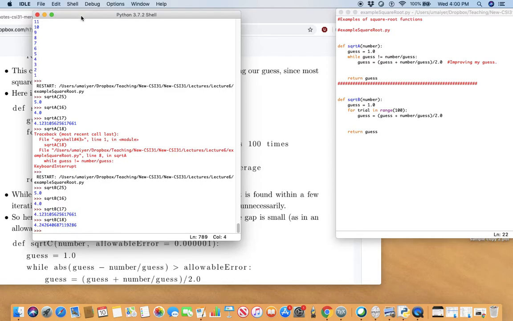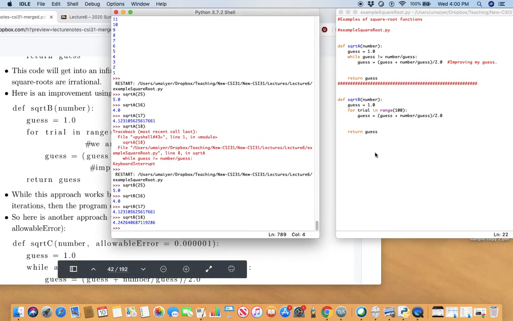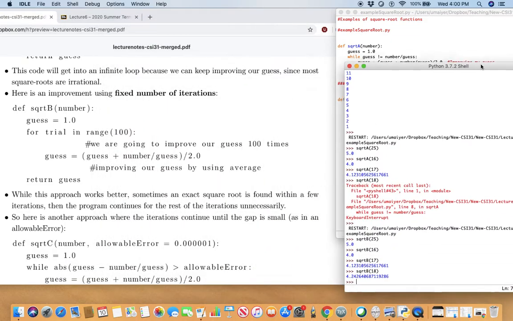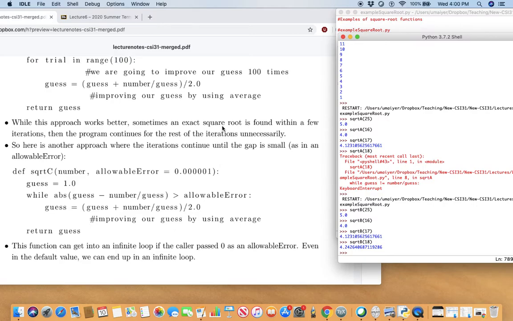Now think as a programmer, what could be a problem with this one? Well, the problem is you might actually find an exact root earlier. Then you're repeatedly going through this so-called improvement which doesn't do anything more for you.